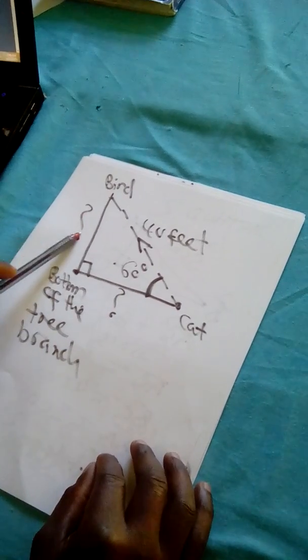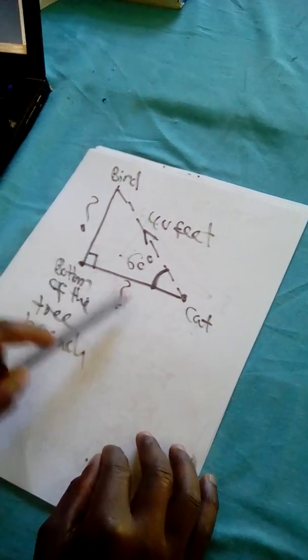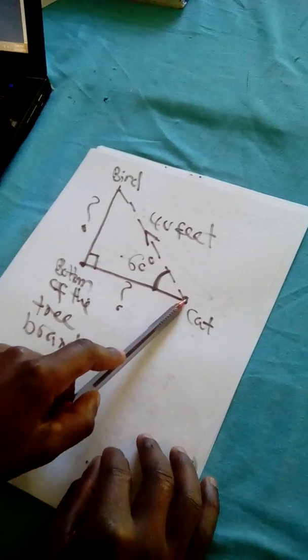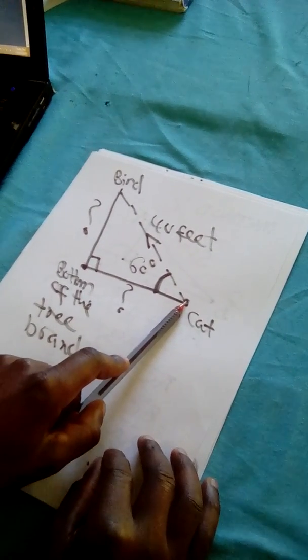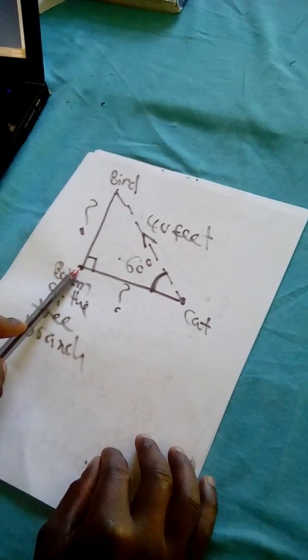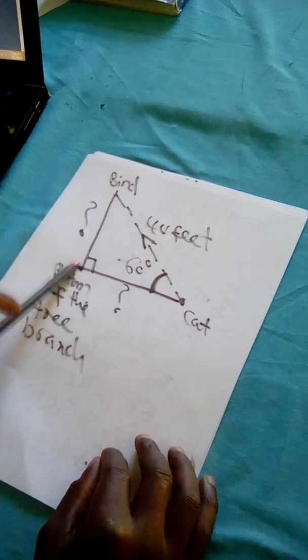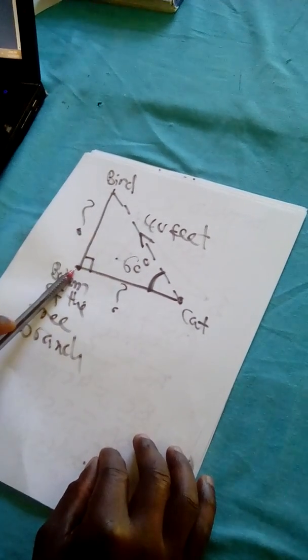Where there are these question marks is the two distances that we want to find. This is the cat's distance from the bottom of the tree branch where the bed is hiding, and this is the height of the bed above the ground.